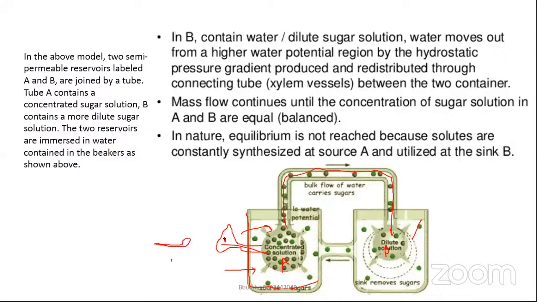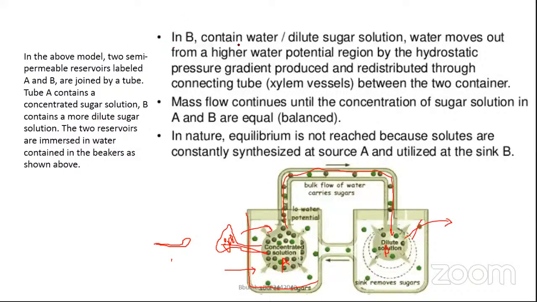And then at the same time, you have to keep on removing some fluids from here to ensure a continuous flow. Because in a real plant, photosynthesis usually occurs, that is, sugars are constantly added. And as well, respiration occurs at the sink. You see that?